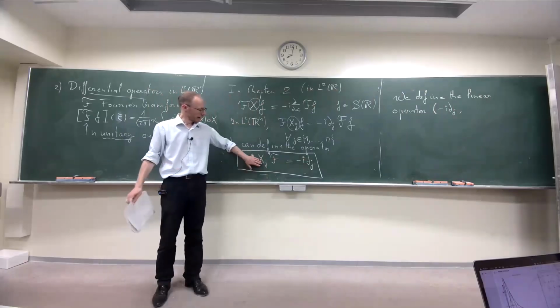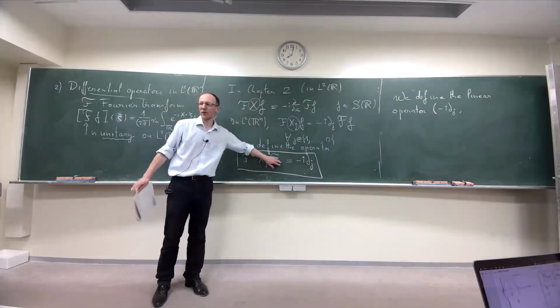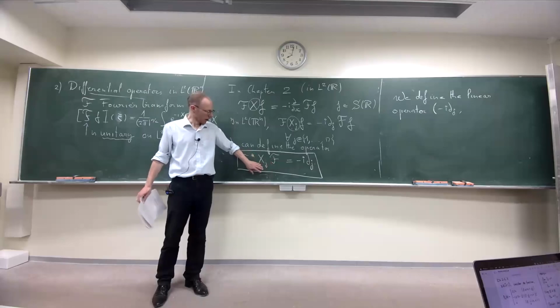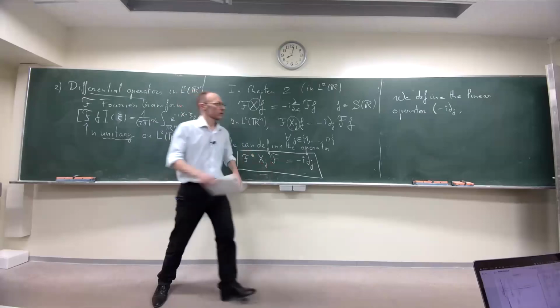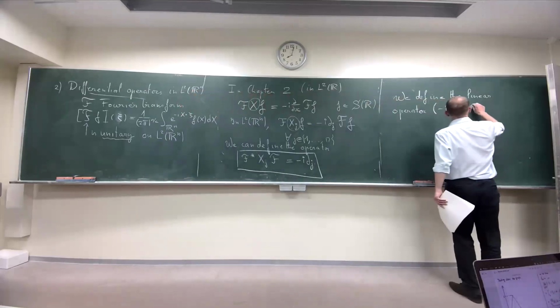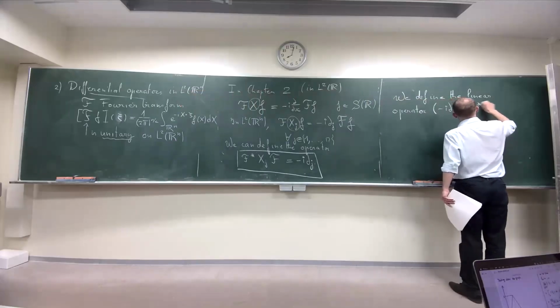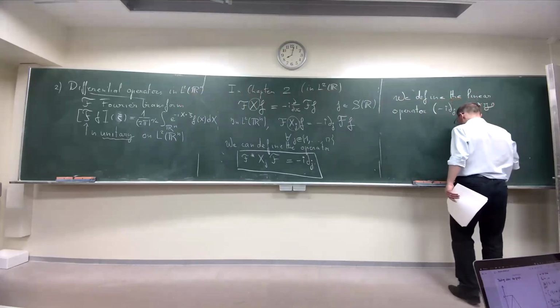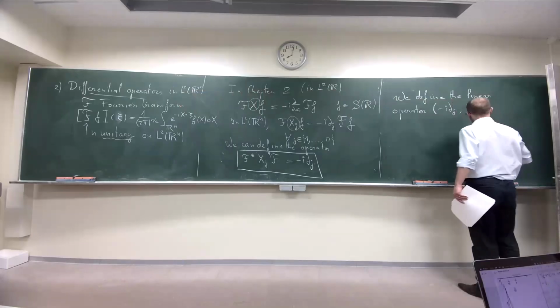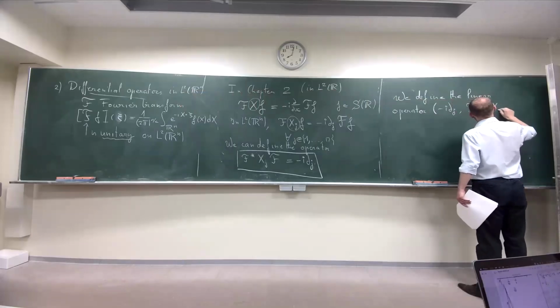But you can apply xj only if, after the Fourier transform, you are in the domain of xj. So be careful, this domain is F star of the domain of xj.